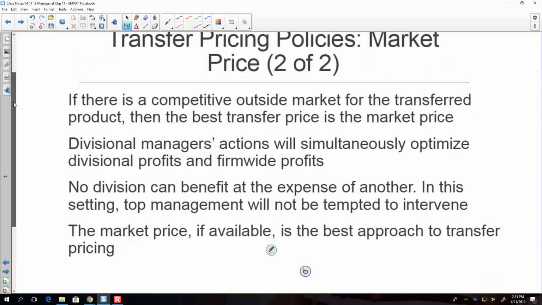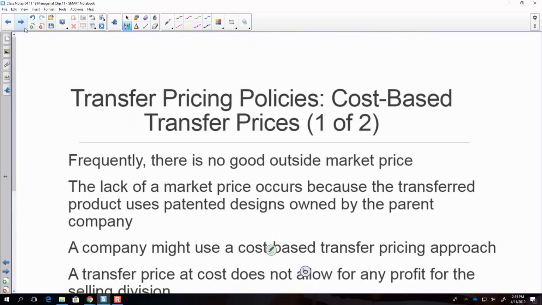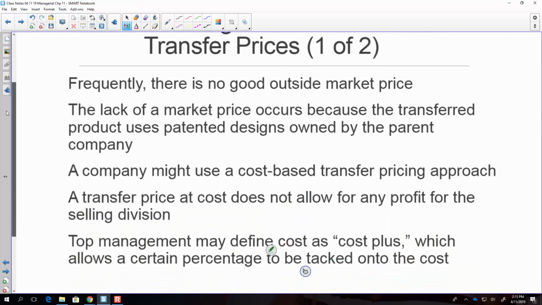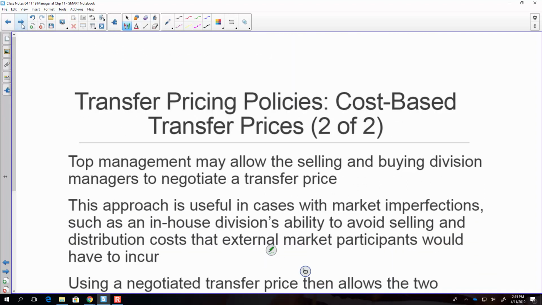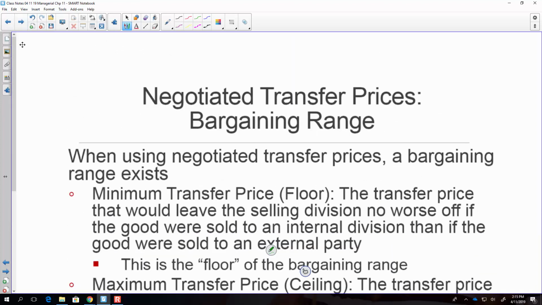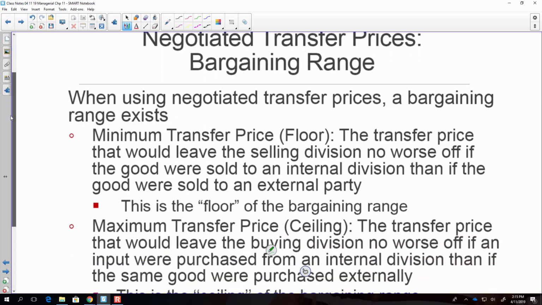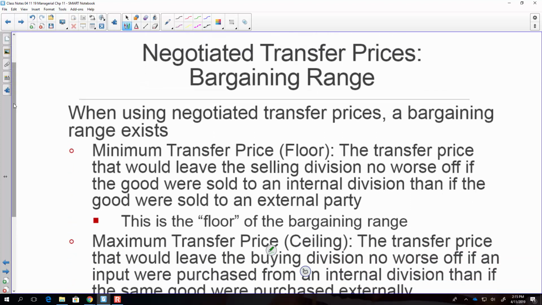So there is a discussion on those three. You can review that on your own. And they have a pretty good example. The one that we're going to concentrate on is negotiated transfer pricing. And here, what we're looking for is a range, a bargaining range for pricing.